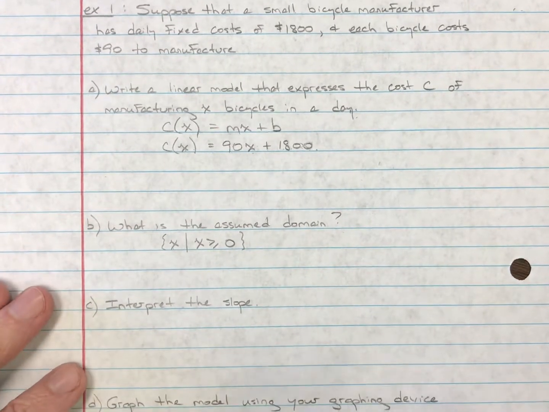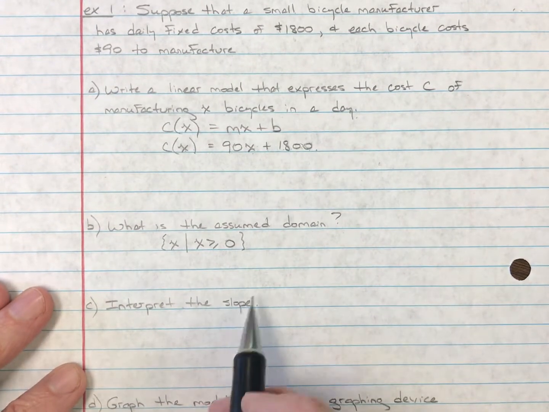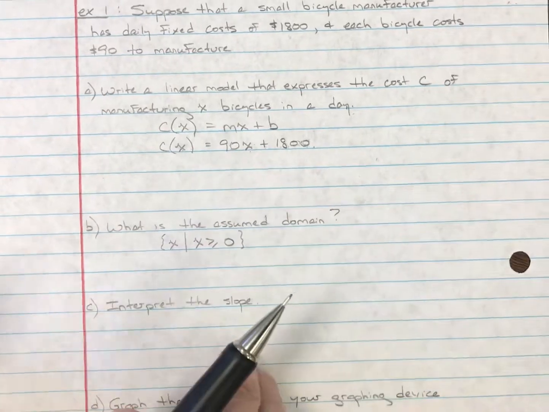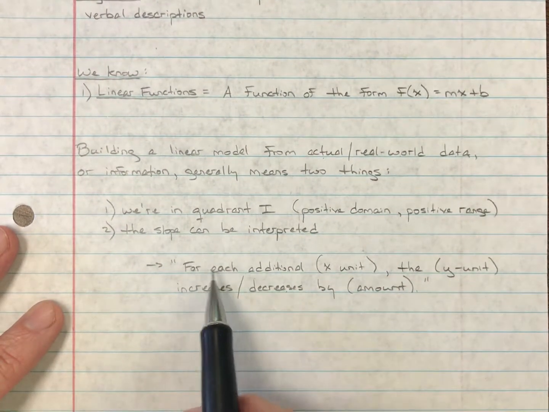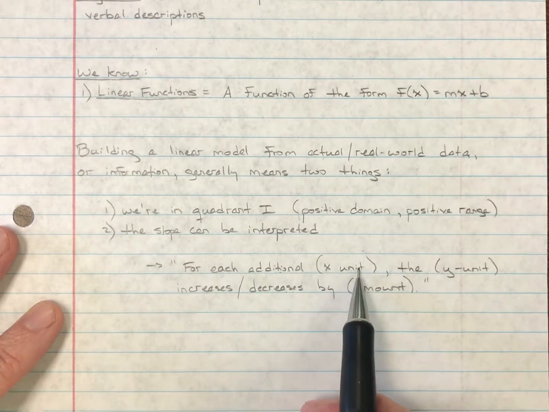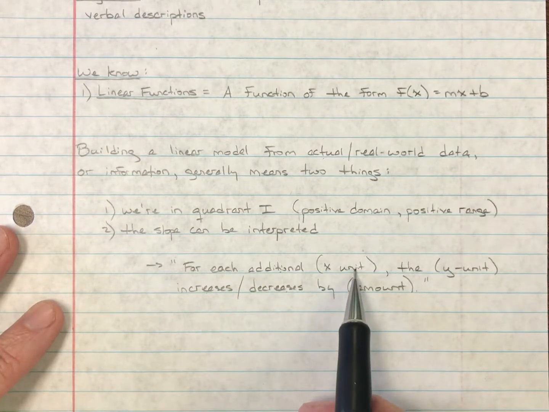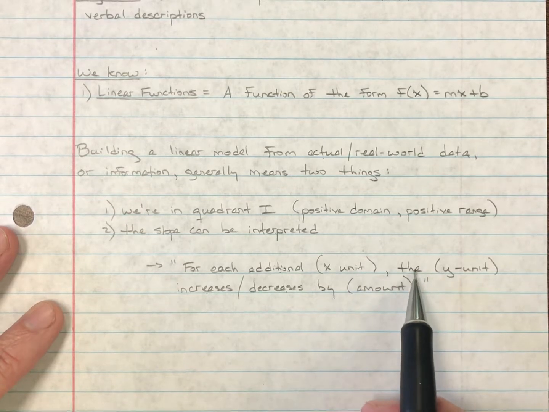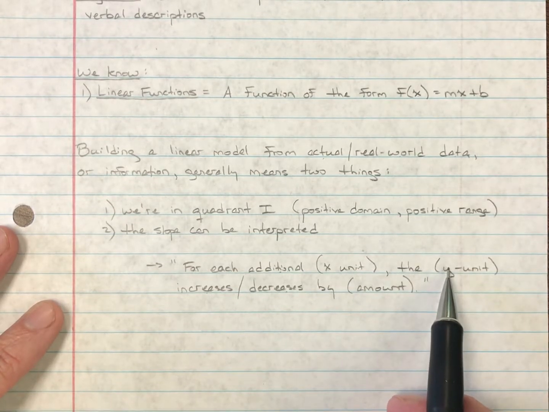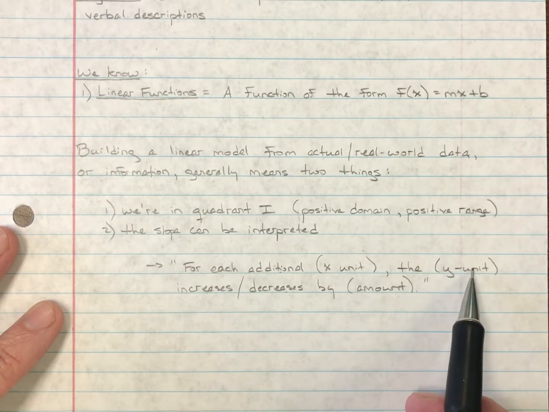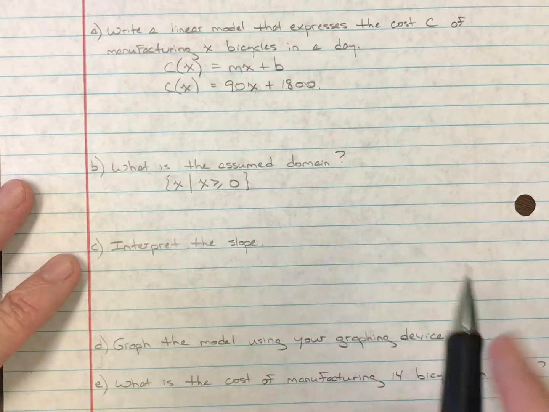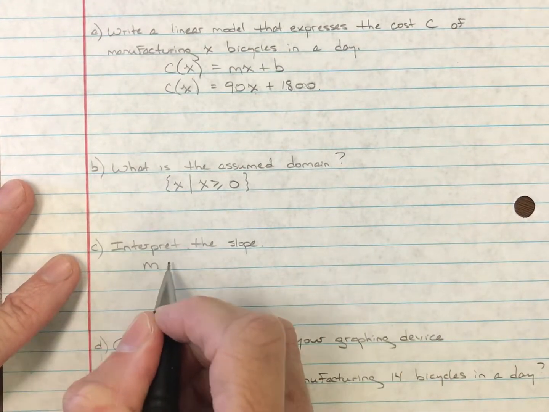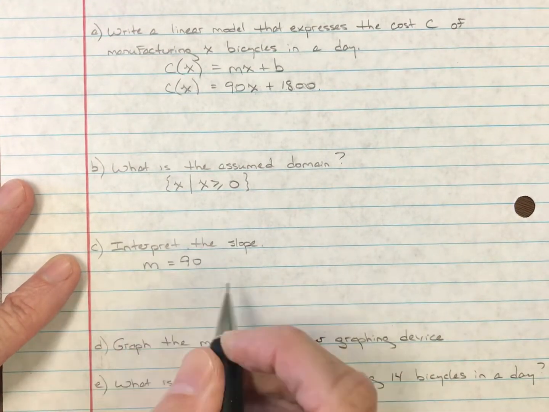Okay, let's interpret that slope. Okay, the slope is 90. So let's go back over here and talk about interpreting the slope. For each additional x unit, for each additional bicycle, the y unit, the total cost increases or decreases by some amount. Okay, so interpret our slope. Our slope is equal to 90.